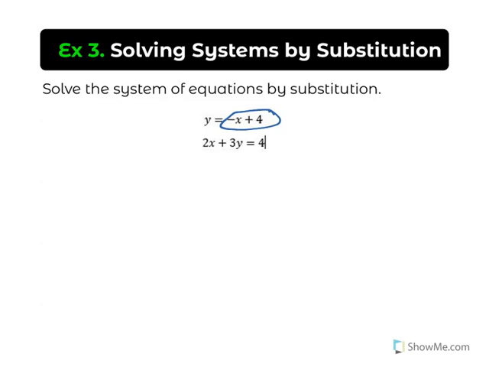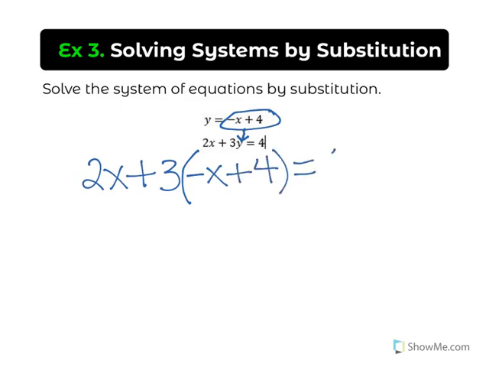In the other equation, instead of the y, we can substitute negative x plus 4, which means we would have 2x plus 3 times, always put what you're substituting into parentheses, negative x plus 4 equals 4. That's not 41. Again, we know what y equals, so we substitute it in for y in the other equation.